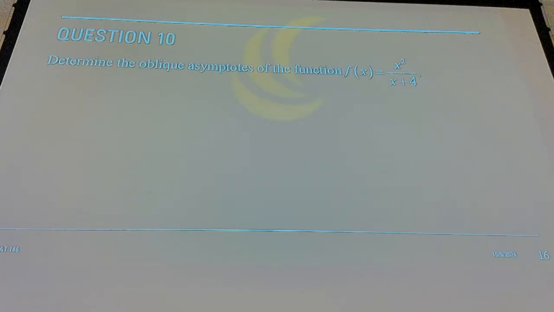So come back to here. Is this proper? It's improper. Perform long division on it. Or in this case, you can just perform synthetic division.